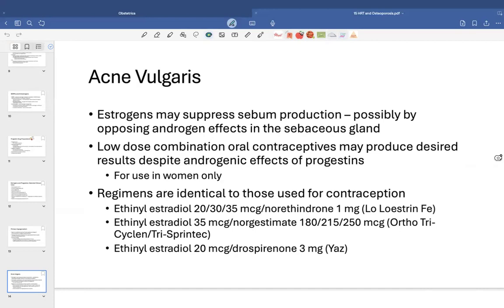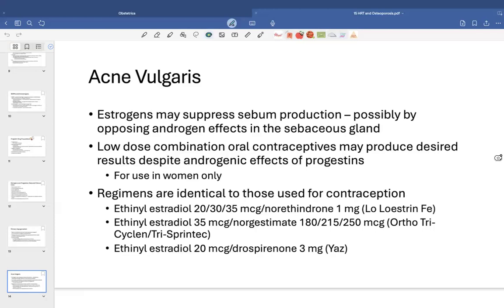One of the telltale signs of someone who's using androgens for bodybuilding is the presence of acne. So it seems to be a testosterone or at least an androgen-driven effect. And estrogens can actually help oppose some of those effects in the sebaceous glands. So that's how we think it works.